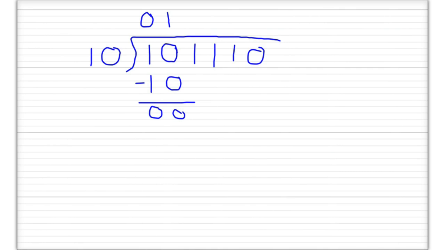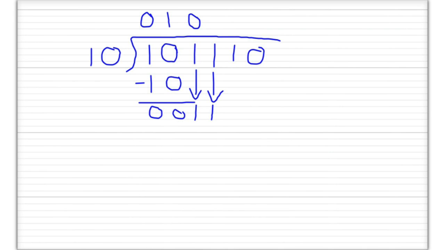Now, obviously, 0 is not greater than or equal to 1 0. So we need to bring down this 1. All right, 1 is not greater than or equal to 1 0. So we need to bring down this extra 1 here and put a 0 up there. Okay, 1 1 is greater than 1 0.